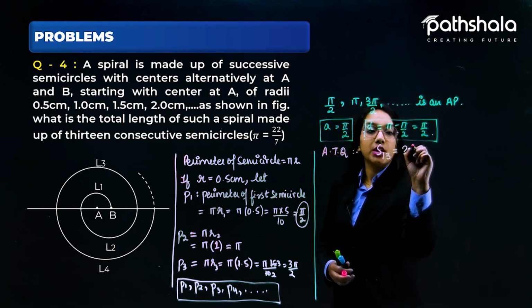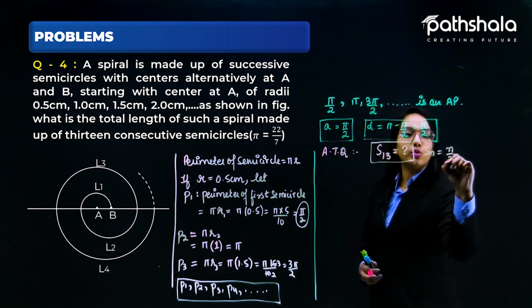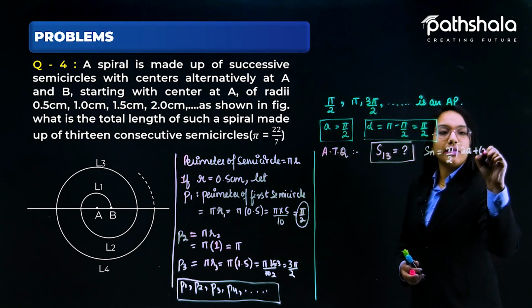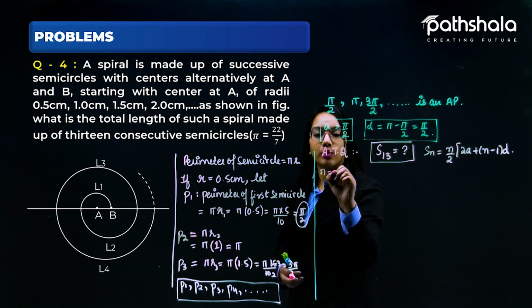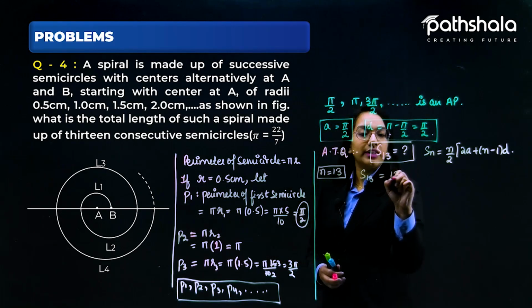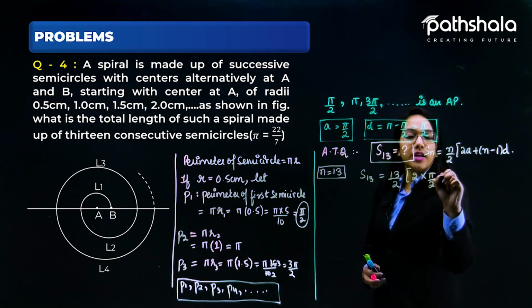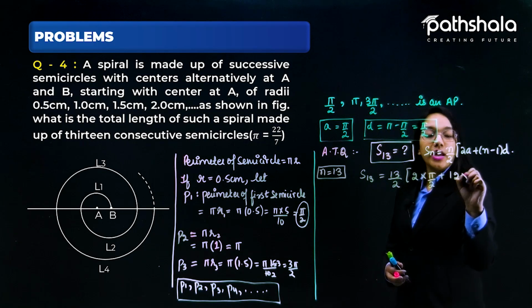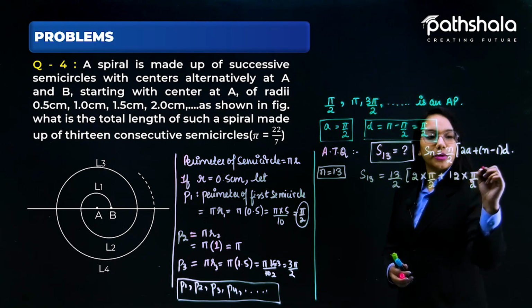We know Sn is n/2 into 2a plus n minus 1 into d. Using this formula, let's plug in n equal to 13. So S13 is equal to 13/2 into 2a, where a is pi/2, plus 13 minus 1, which is 12, into the common difference, which is pi/2.